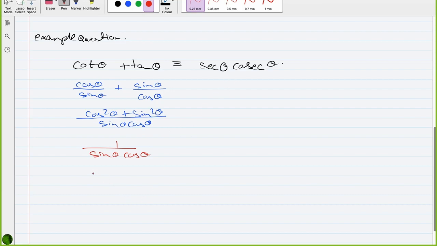So we take them in the numerator. Cosecant theta, secant theta, you can rearrange, secant theta, cosecant theta. Left hand side is equal to right hand side.